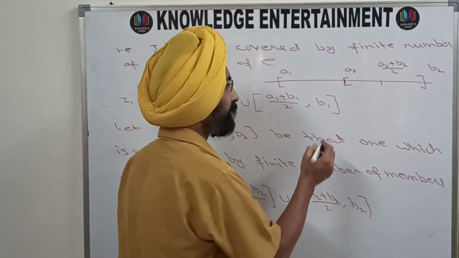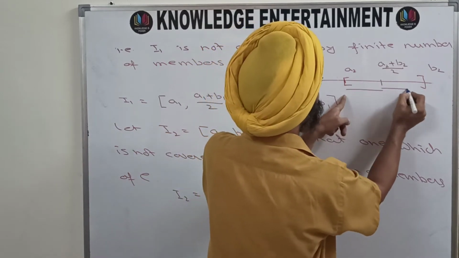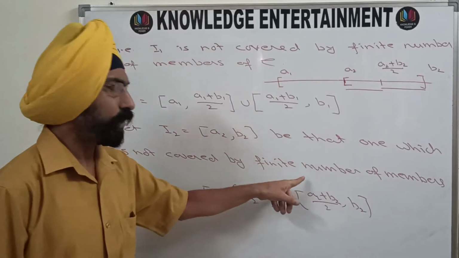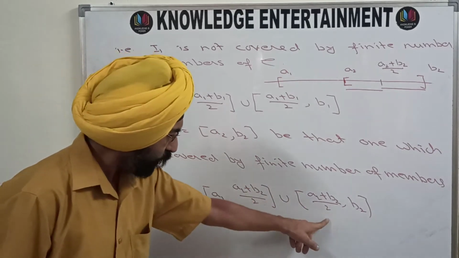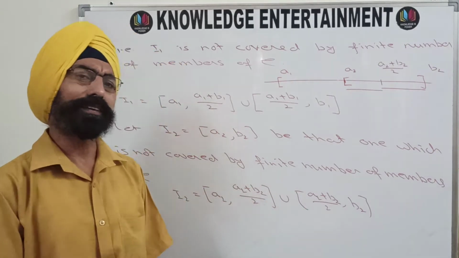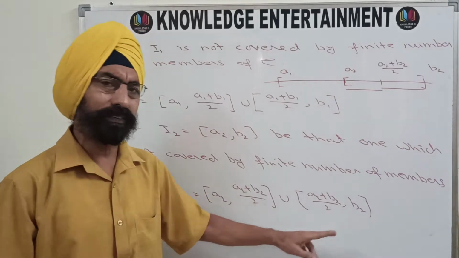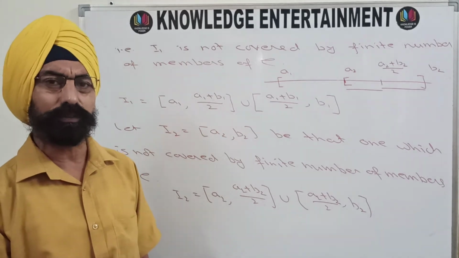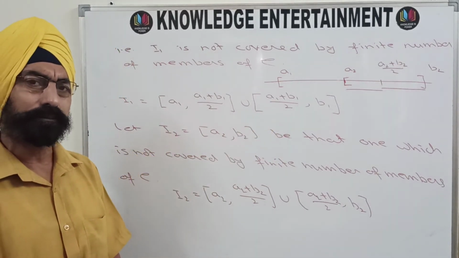So I have broken this interval into two parts. Since A2 B2 is not covered by a finite number of members of C, at least one of these two is not covered by a finite number of members of C. For the same reason, if both were covered, their union would also be covered by a finite number of members of C, which is not true because our I2 is not covered by a finite number of members of C.